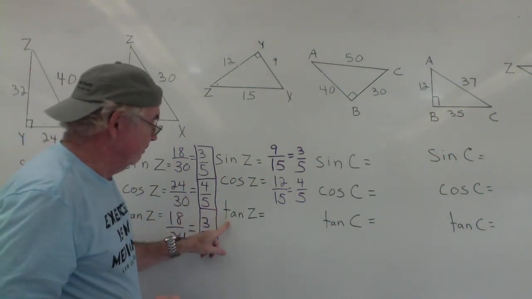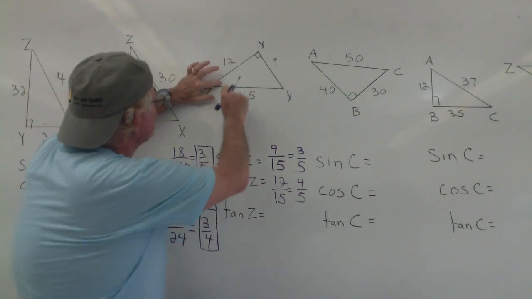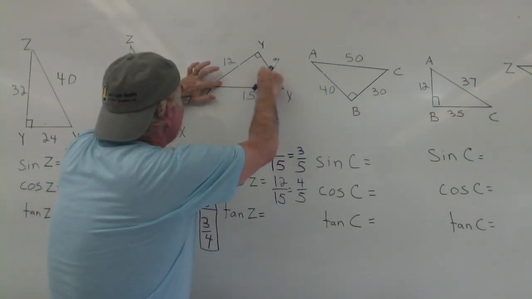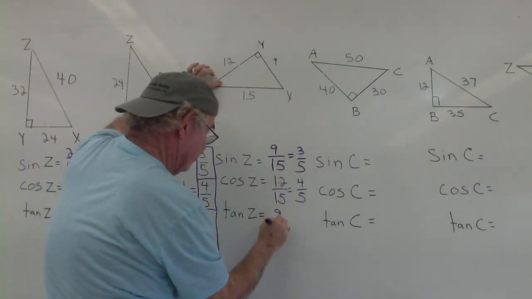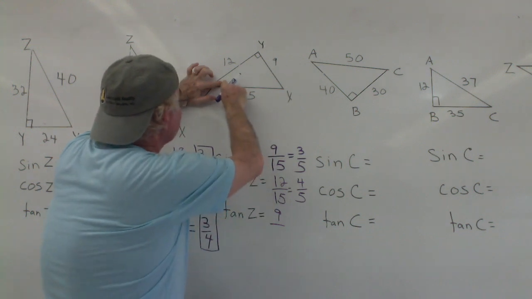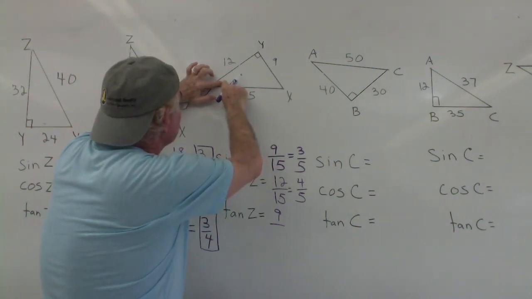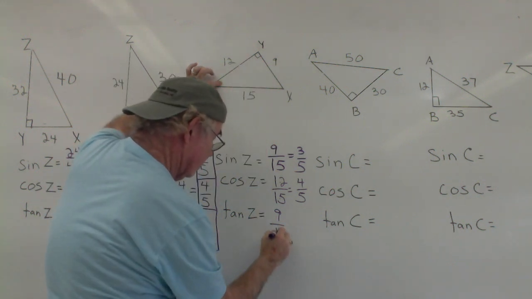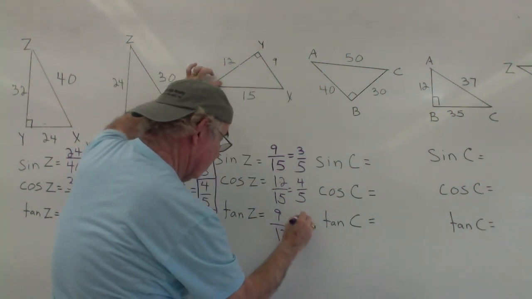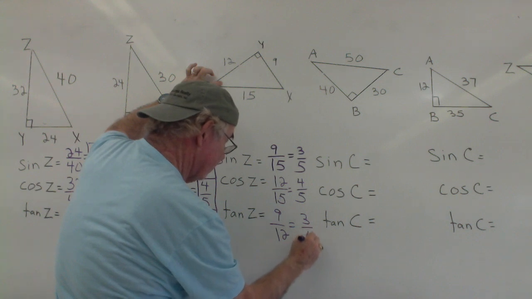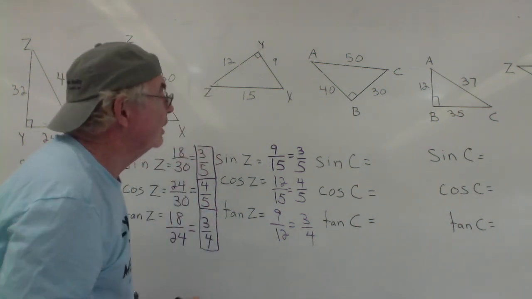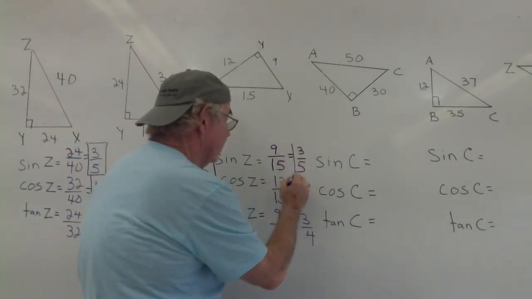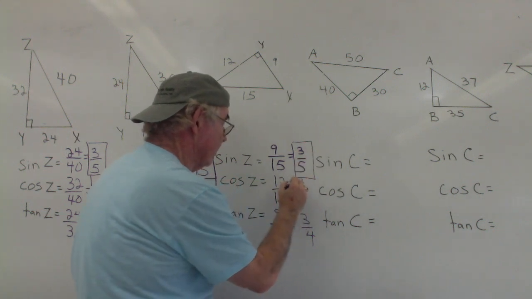Tangent of Z is the opposite, 9, divided by the adjacent, 12, which reduces by 3s to 3/4. So there's our 3 trigonometric ratios.